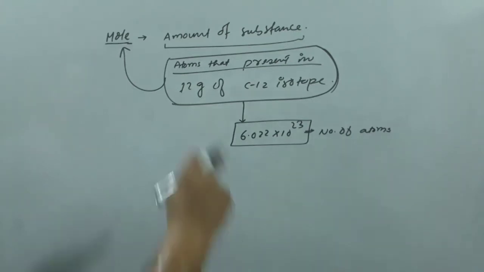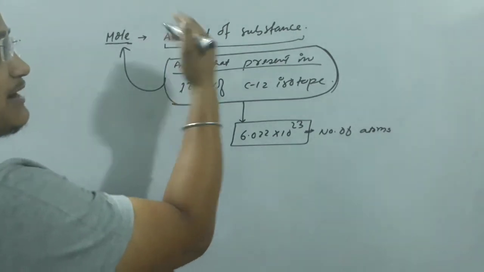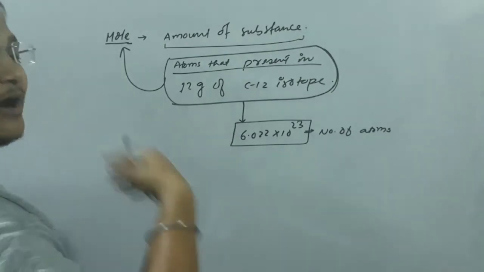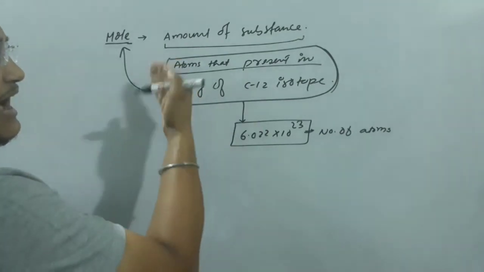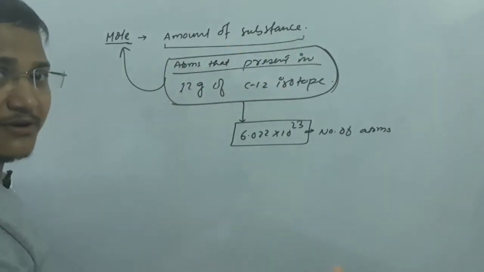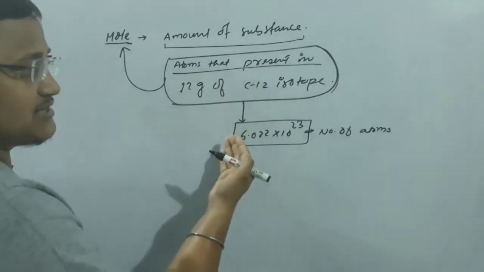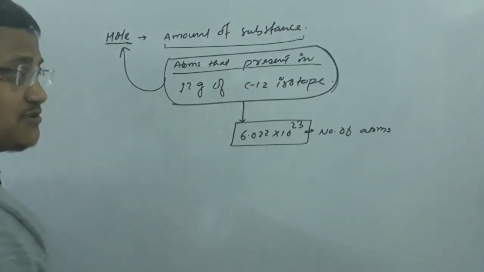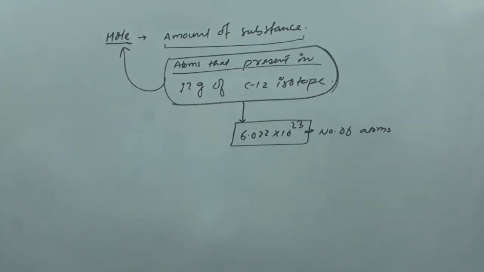So when we are talking about mole, I am saying it means amount of substance, the atoms present in 12 gram of carbon 12 isotope. And this value is 6.022 into 10 to the power 23 number of atoms.